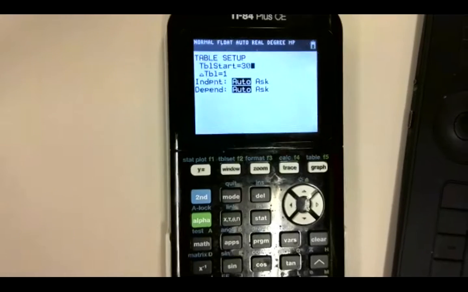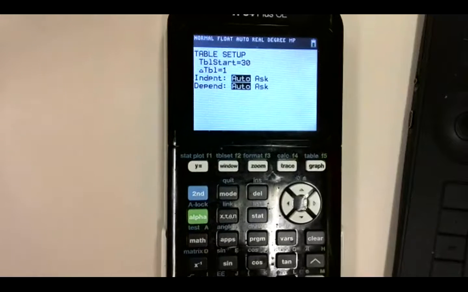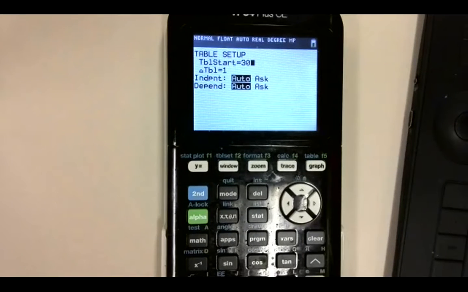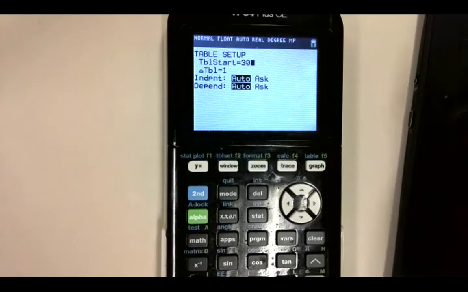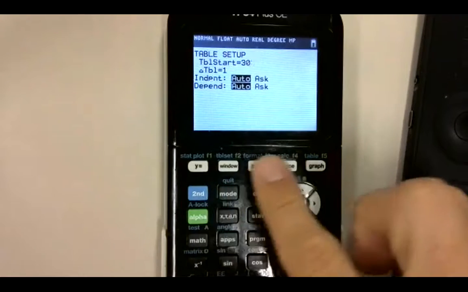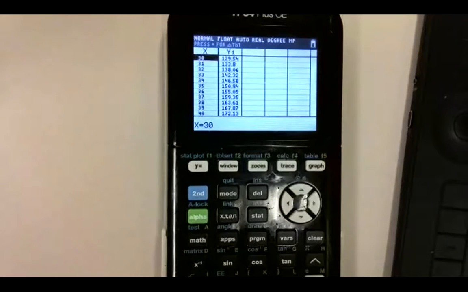So I would type in 30 minutes walking. And the last thing is, once you've got that, bring up your table. So in the table setup, bring in your table. So second graph, and there you go. So how many calories would I burn walking for 30 minutes? About 129.54.